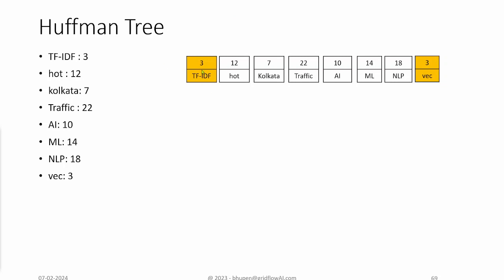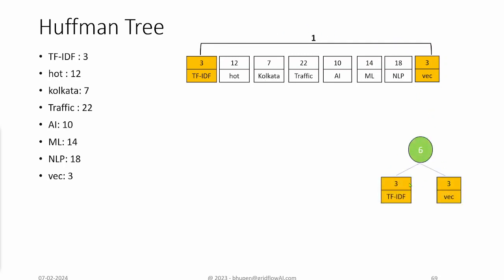What we do first is, from this list, we take the two tokens or words having the least frequency. That's going to be TF, IDF, and vector, VEC. Those have frequencies of 3 and 3. We take those two and join them to prepare a tree like this.